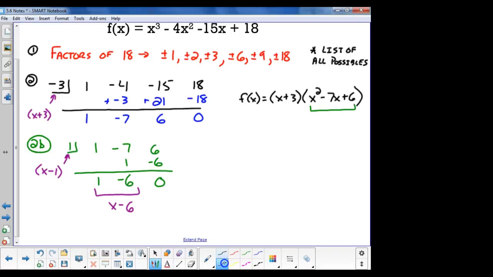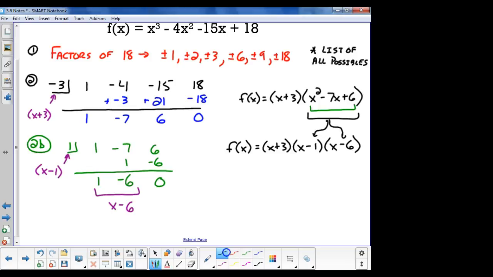So my f of x here is now x plus 3, that was my first one, x minus 1, and x minus 6. Which, if I factor this right here too, that would give me those two right there. So you can do either or. And later on this week, we're going to get into finding all the zeros of a 5th power, so you're going to have to do it that way to continue on.